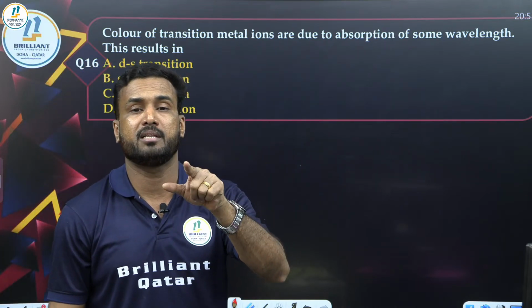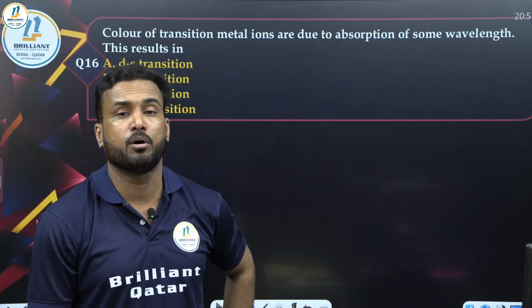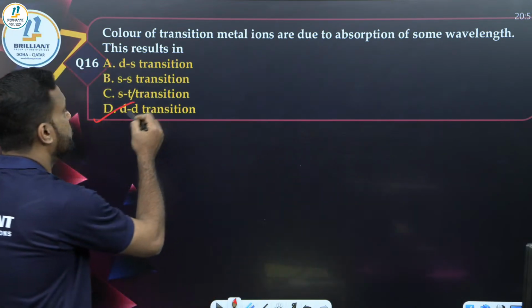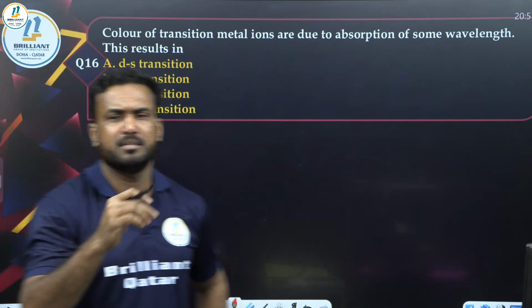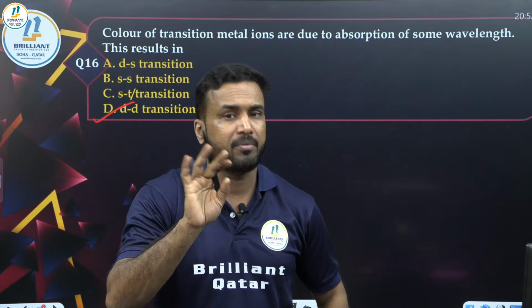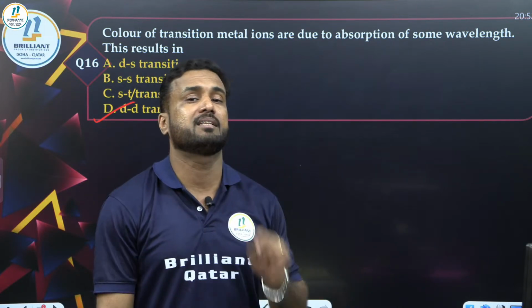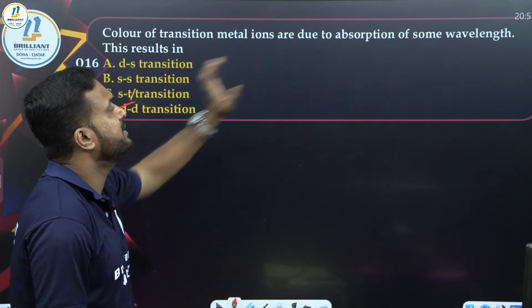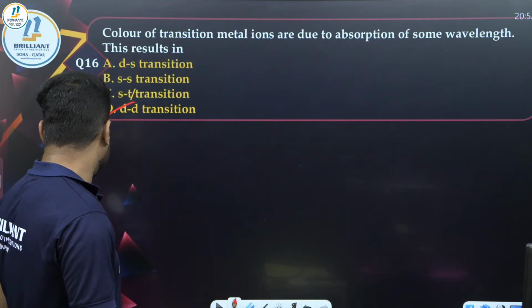Wherever unpaired electrons are there, it undergoes dd transition. So correct answer is which one? dd transition. Unpaired electron and dd transition, that you keep in mind wherever they are asking about color.